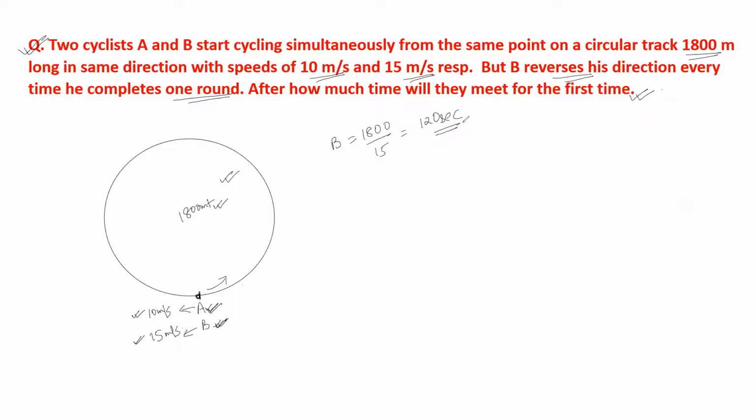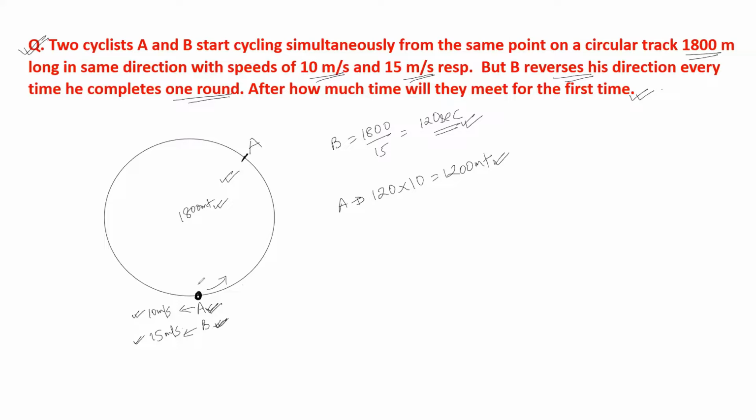Now, after this 120 seconds, A would have covered a distance of 120 times 10, that is 1200 meters. That means A would be somewhere here after covering a distance of 1200 meters, and at that particular time B would be at the starting point.